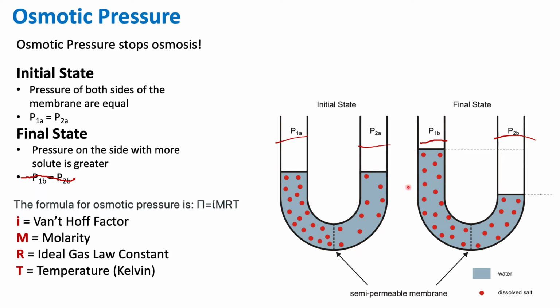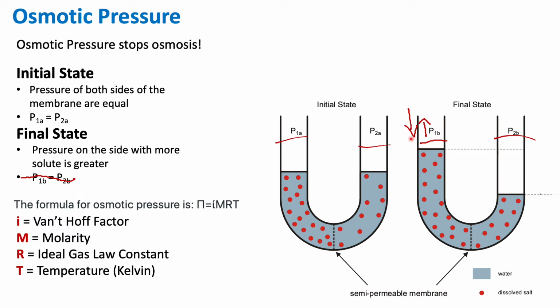Now, when the water is moving up through this side, on the left side of the tube, we have a pressure vector pointing up. But we also have an equal and opposite pressure vector pointing down when the equilibrium is reached. So we have the equal concentration on each side, and we get that equal and opposite pressure vector pointing down.